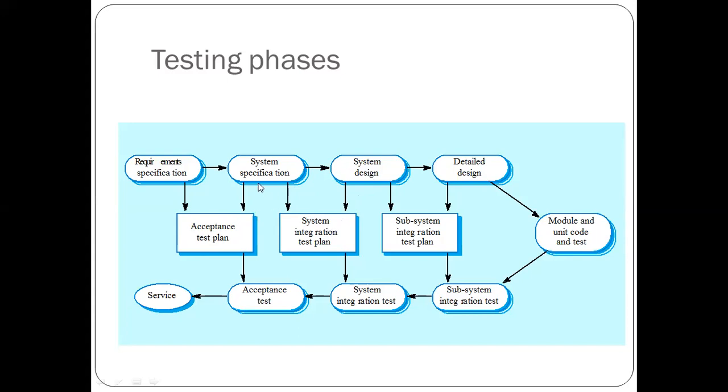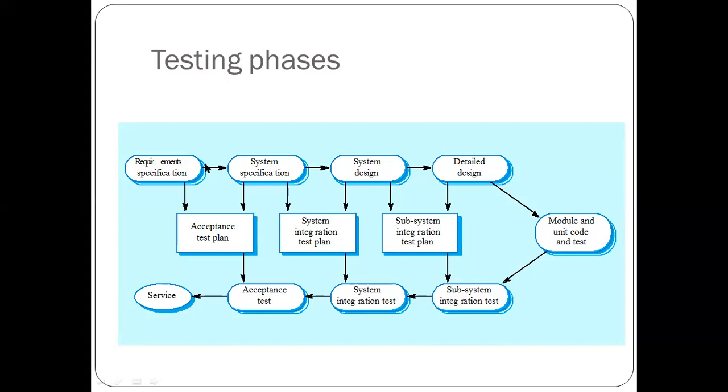So after the specification, we will combine, and in this block diagram you can see the system integration test plan, and this is the subsystem integration test plan. After the system design and detailed design, we come to module and unit code and test.